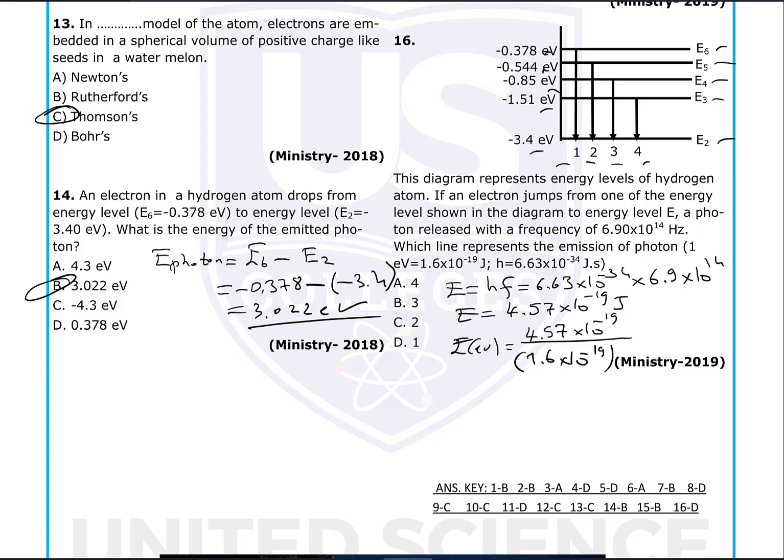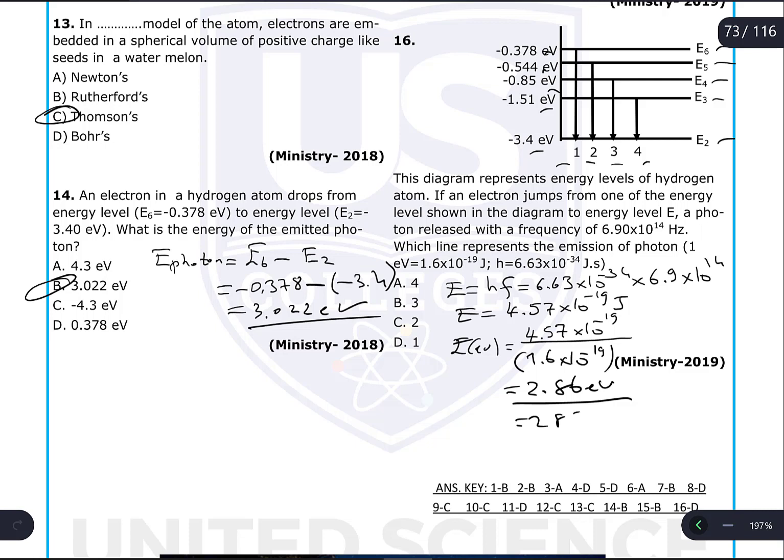Answer is 2.86 electron volts. So now, which jump is almost equal to 2.86? Normally it's 2.859, but we can round it to 2.86.